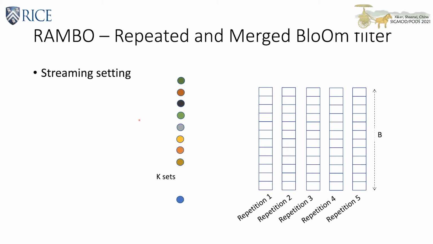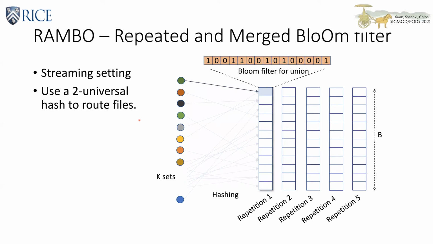To achieve this in the streaming setting, we use a 2-universal hash function on set IDs. For each set, we hash into one of the B Bloom filters, and all the k-mers of that set are inserted to the corresponding Bloom filter for union.